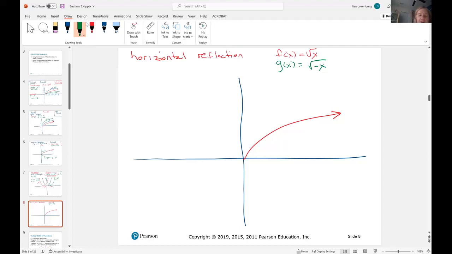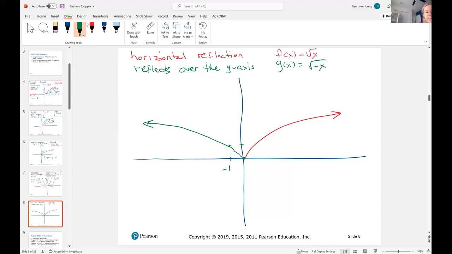Because I still start at 0, but when x is -1, then it becomes +1, and we still get 1. So when it's -1, it's still at 1. And we can see that it's going to do exactly the same thing going the other direction. So this reflects over the y-axis.